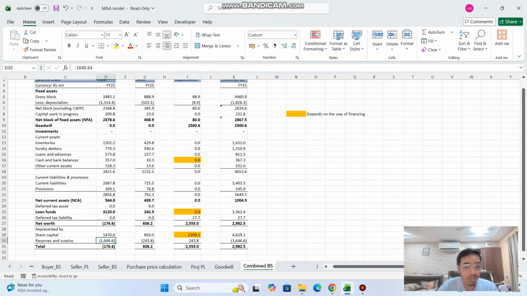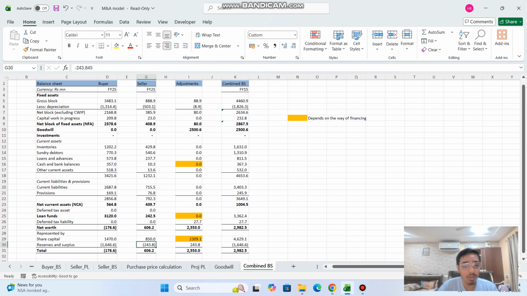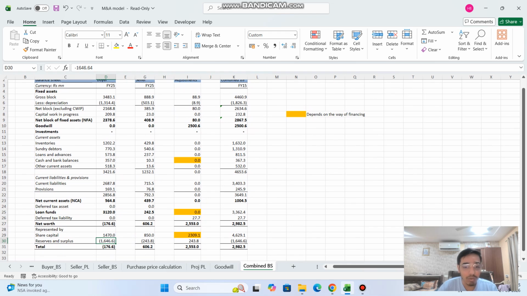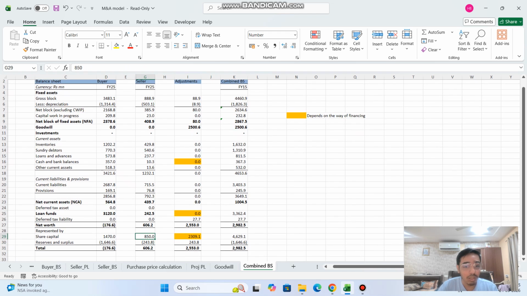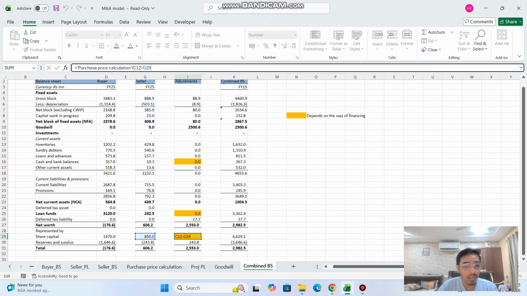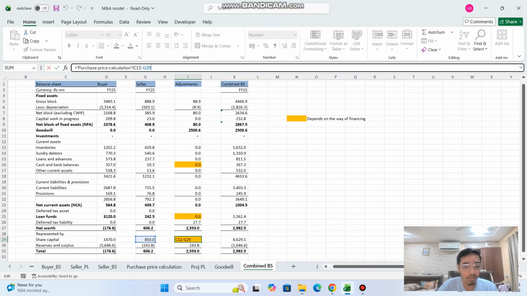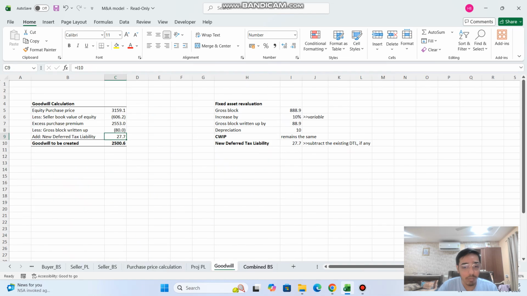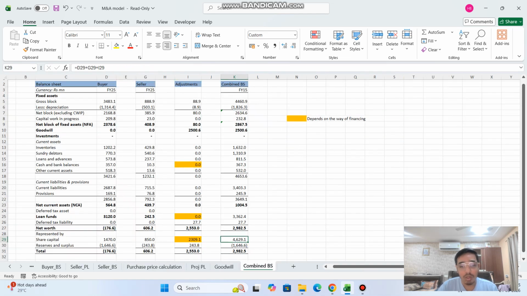And for the reserves and surplus, the seller's reserves and surplus will be completely written down to 0, and the reserves and surplus of the buyer will be carried forward as it is to the new combined entity. Just to clarify, the way we have got this figure is by simply subtracting 850 from the purchase price 3159.1. Okay, and that's how you arrive at 4629.1.